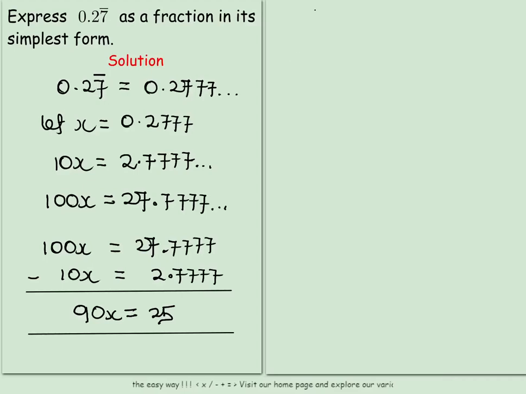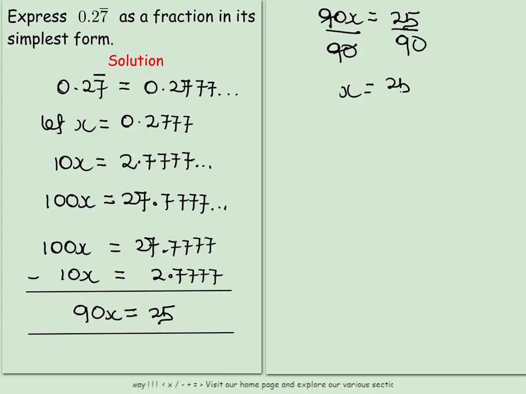Then making x the subject, we have 90x being equal to 25. So dividing both sides by 90, we have the 90 cancelling out, and our x being equal to 25 over 90. Now we can simplify with 5.